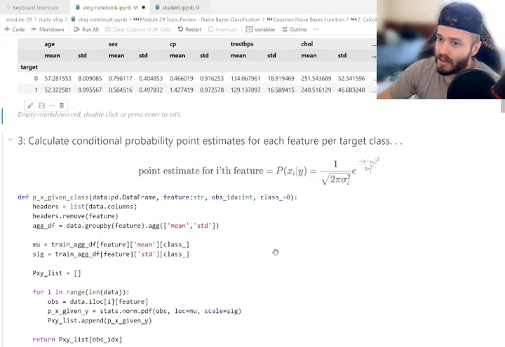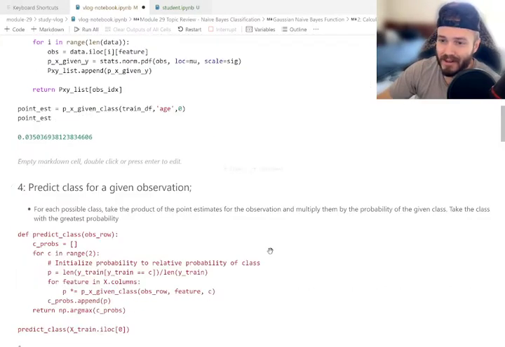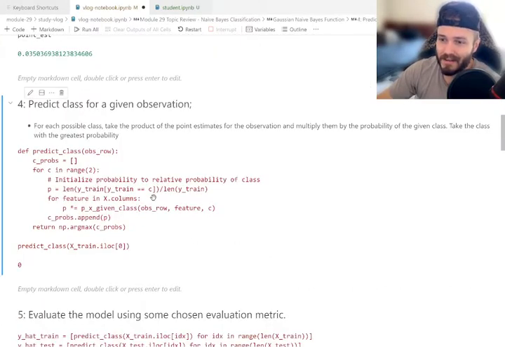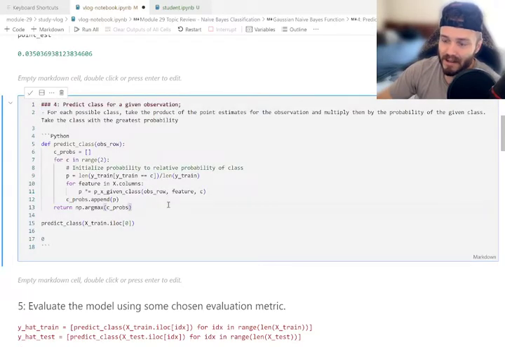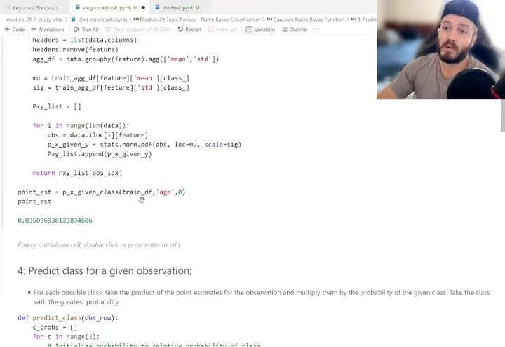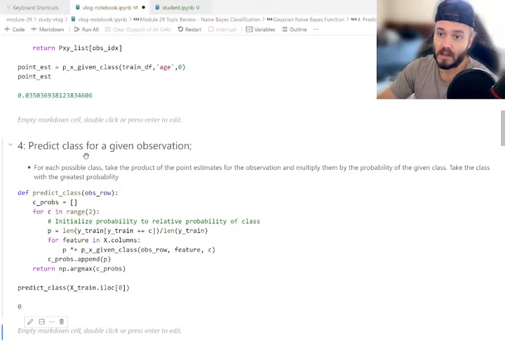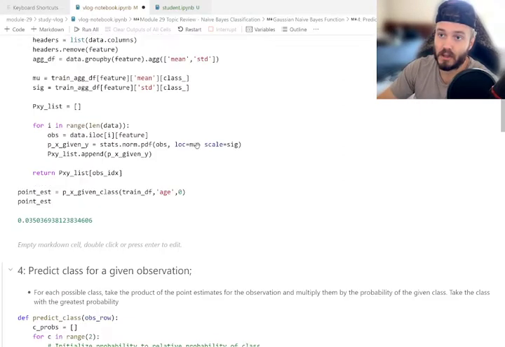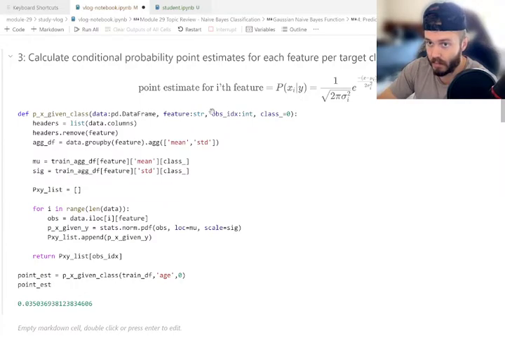It doesn't totally make sense to me, but it makes enough sense that I can code it, so that's okay. Again, I don't know what's up with the syntax highlighting. I know it's in Markdown, but weird. So now that you have your point estimates, you want to predict the class for a given observation using your point estimation function.